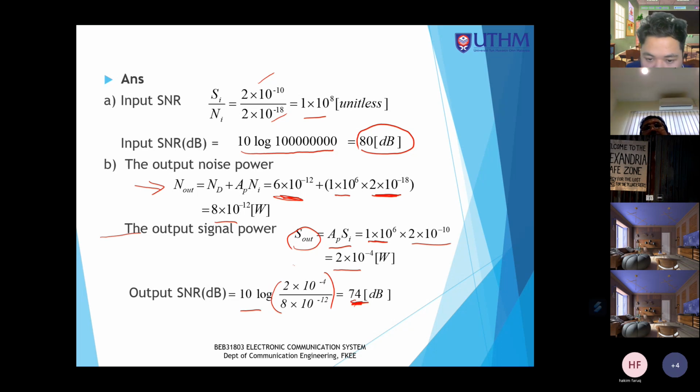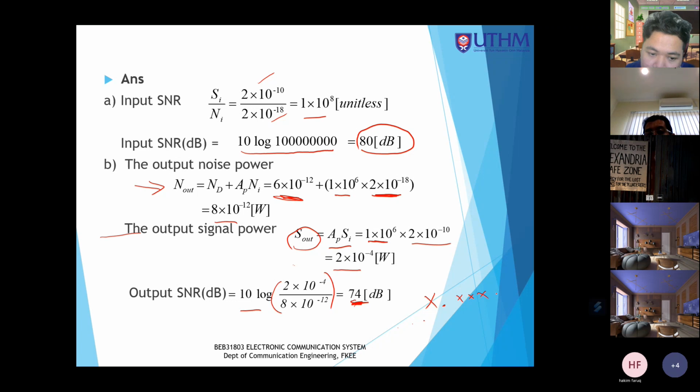So dalam exam, kamu jangan bundarkan seperti yang dalam nota. Okay. Dia mungkin ada beberapa titik perpuluhan. Okay. So if you ask me, the best answer would be if you produce up to 3 decimal point. Okay. Sehingga 3 titik perpuluhan, X dot X, for example.